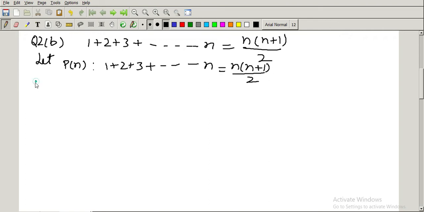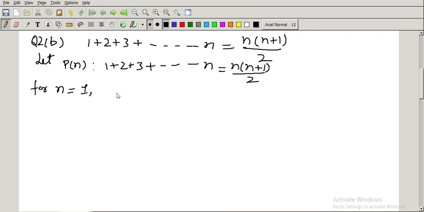Then prove it for n is equal to 1. Then prove it for n is equal to k, and then prove it for n is equal to k plus 1. So if this expression is true for n is equal to k plus 1, then it will also be true for n is equal to k. So this is the method of induction, proof by induction.